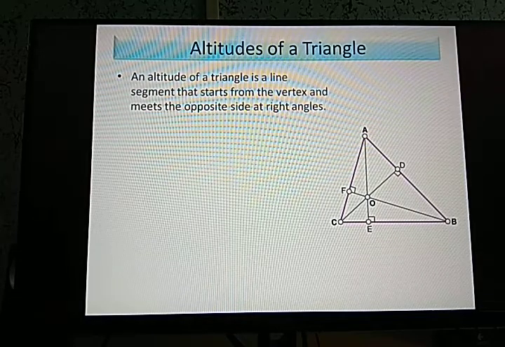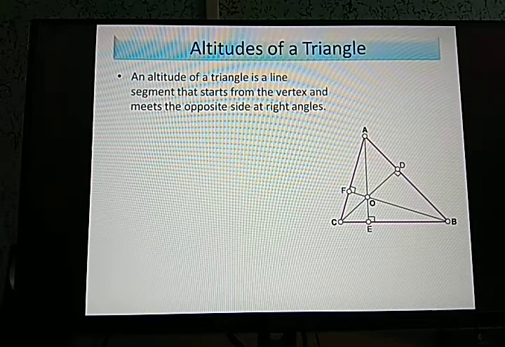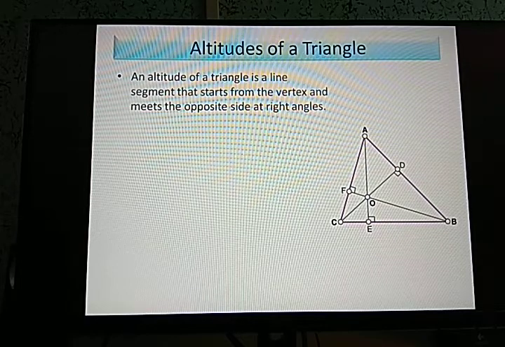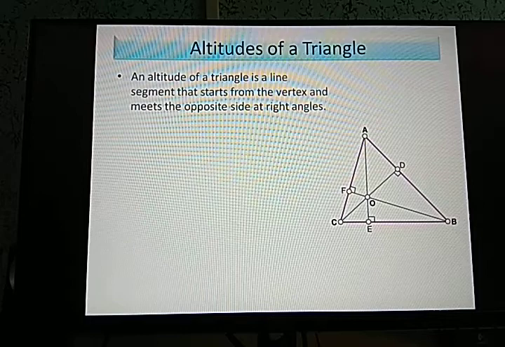It is connecting the vertex to the opposite side, and it is forming an angle of 90 degrees. Clear?